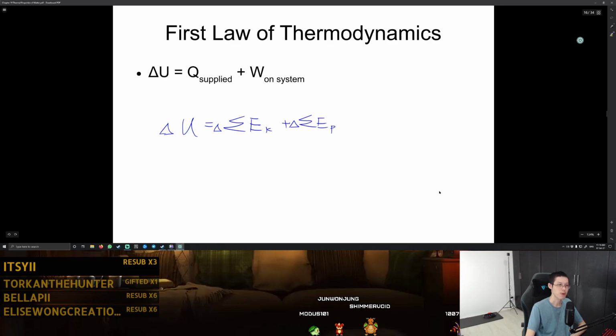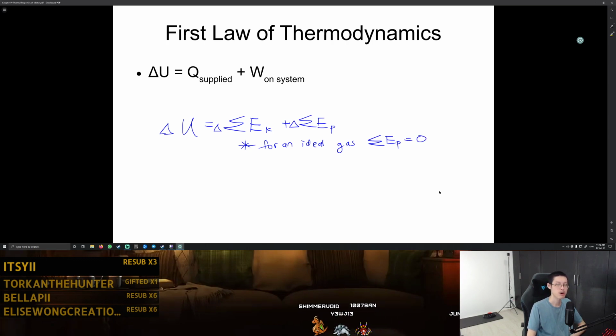And one thing that you want to note is that for an ideal gas, the particles have zero potential energy because we are ignoring all the forces between particles. That's one of the ideal gas assumptions.